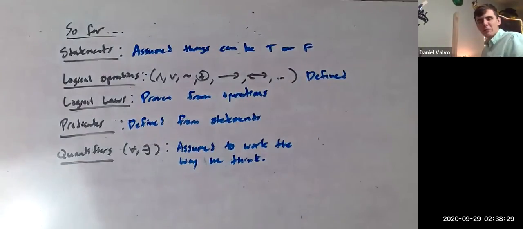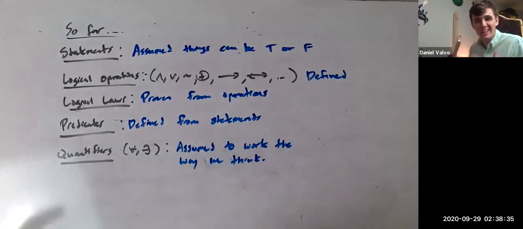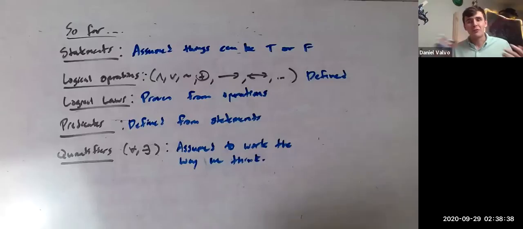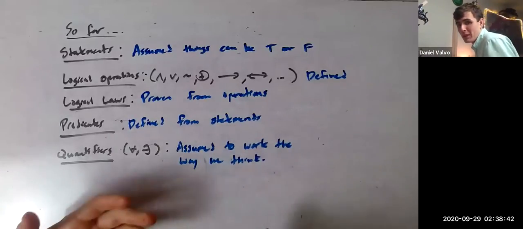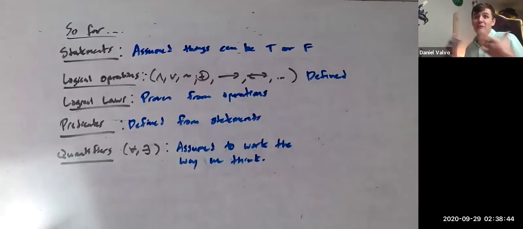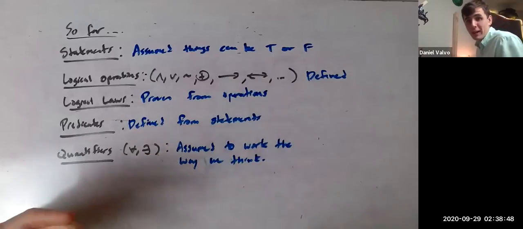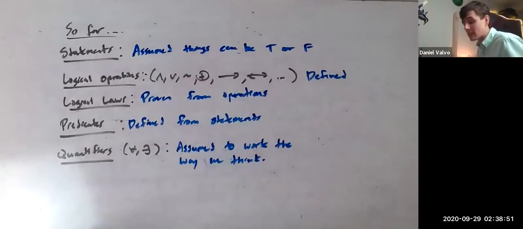If you remember that lecture on for all and there exists statements being related, the yin-yang property with and and or: for finite cases, we could define them as and and or. For infinite cases, we had to assume they work the way we think, meaning that for all just means everything in the set, even if it's infinite, and there exists just means one thing in the set. And then they're the opposites of each other, even in the infinite case.